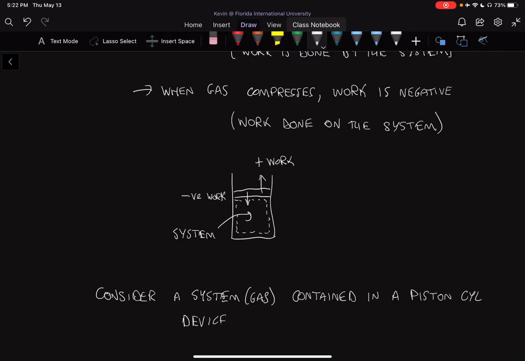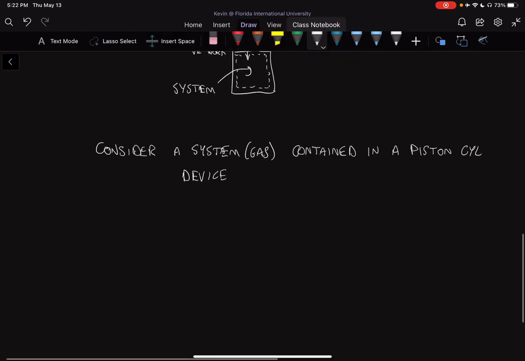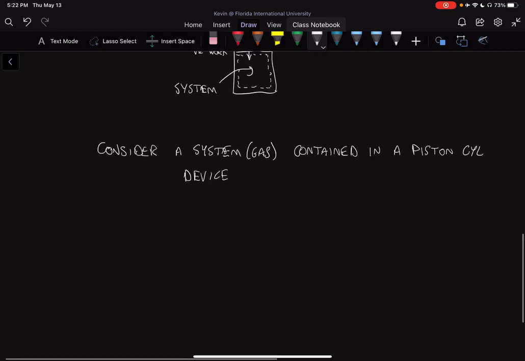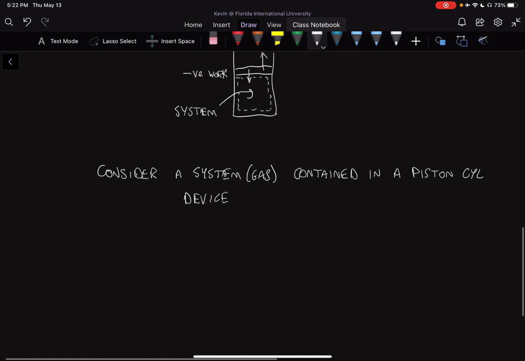So I'm going to use CYL for cylinder throughout the lectures, so just to let you know. Okay, and this piston looks something like this. In the same way as before, it just looks like this. And once again, we have our gas trapped inside and our system is inside.